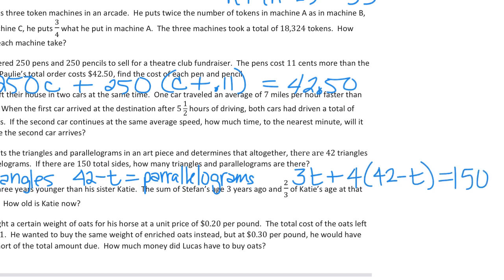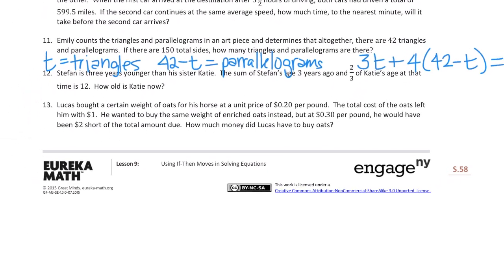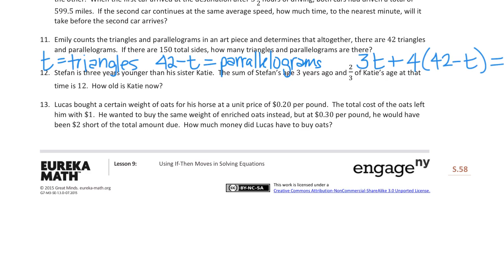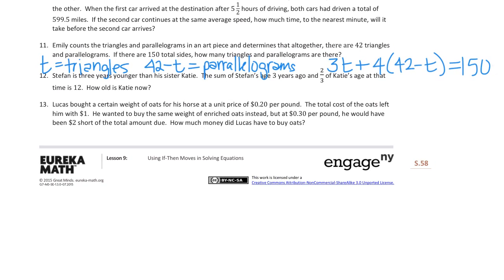So that will get me my total number of sides. When I solve it, I'll know how many triangles there are, and then from that I can figure out how many parallelograms there are.